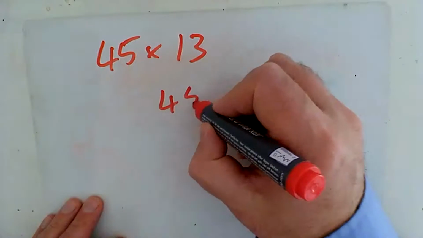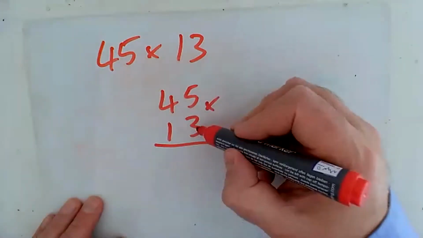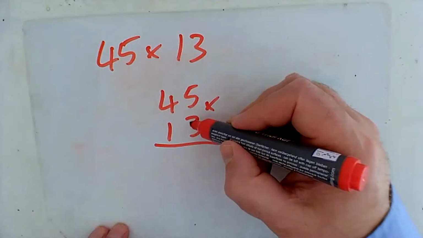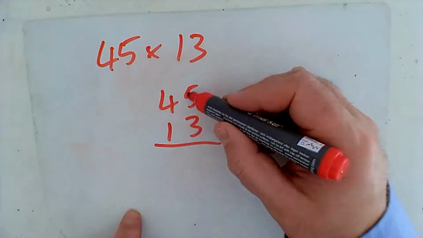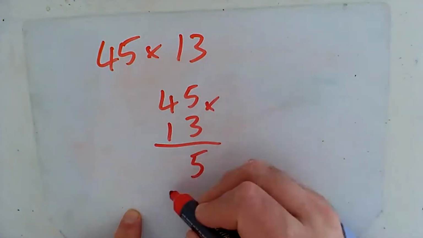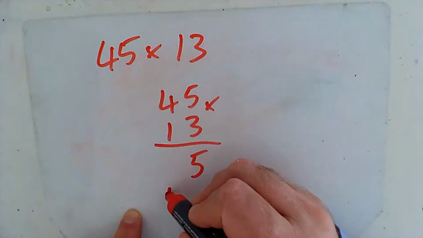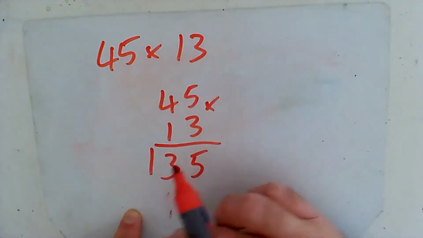I'm going to write it out in my column method. Now remember, I have to do these units first, the 3 first. So ignore the 1 initially. So 3 times 5 is 15, 5 carry the 1. 3 times 4 is 12 and 1 is 13. So I've dealt with that one there.